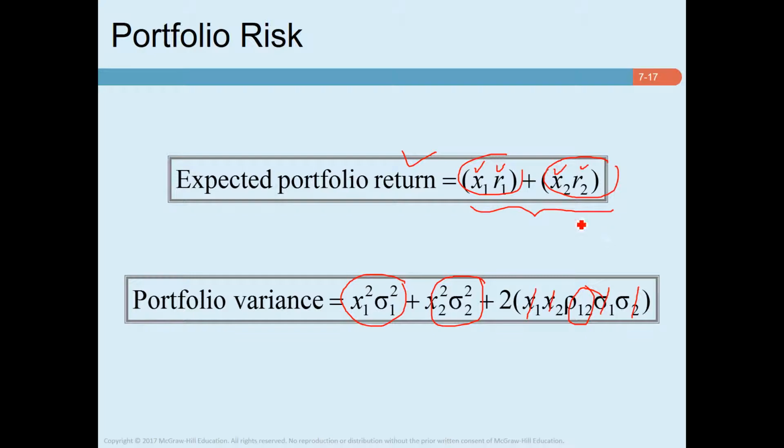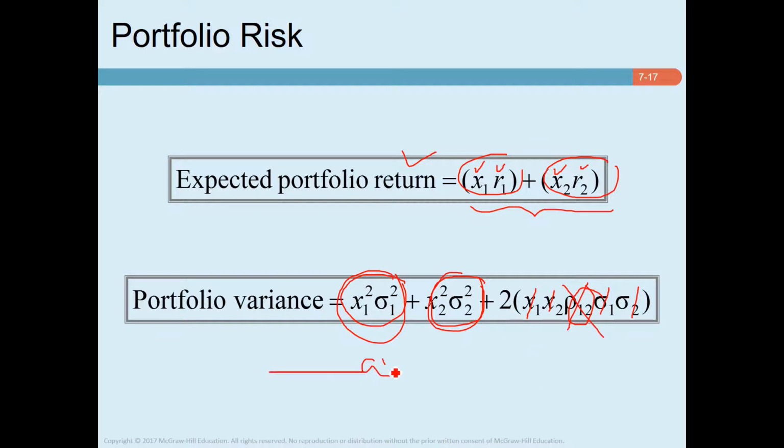However, as far as the portfolio risk is concerned, it's not the case that portfolio variance is the weighted average variance of asset 1 and asset 2. It's not that, because if the portfolio variance were the weighted average variance of individual assets, then it should be this part and this part, excluding this component, right?